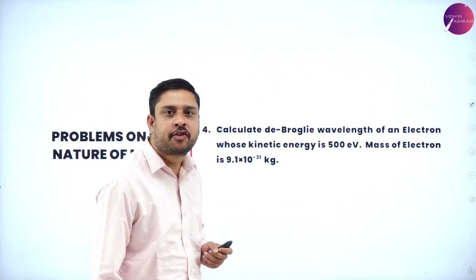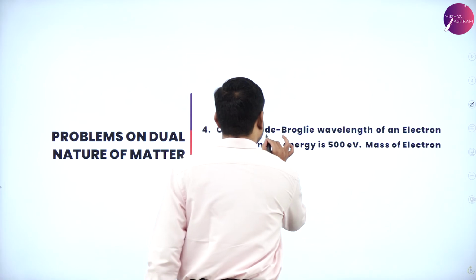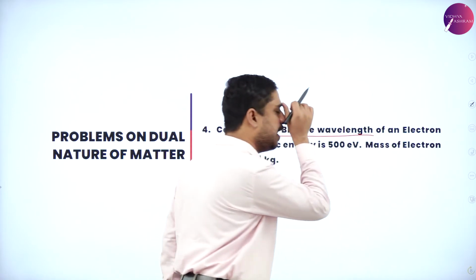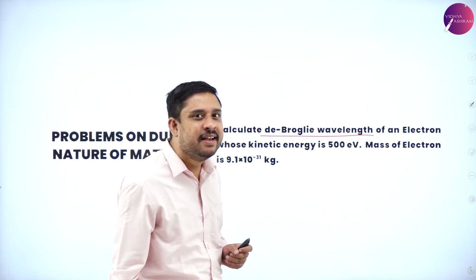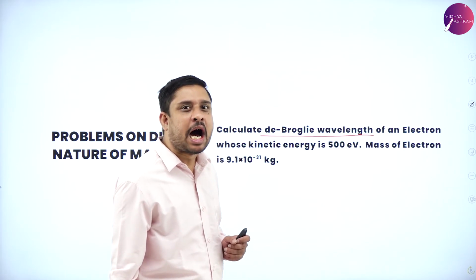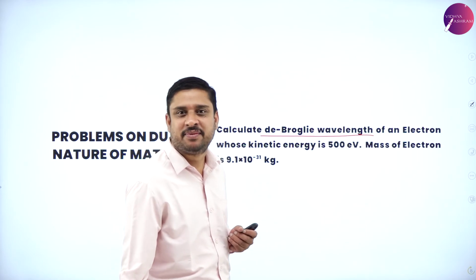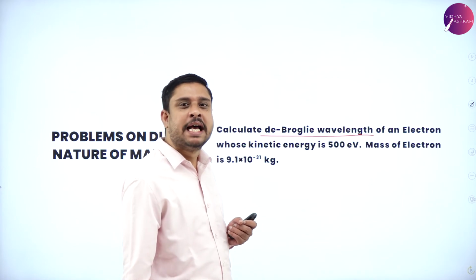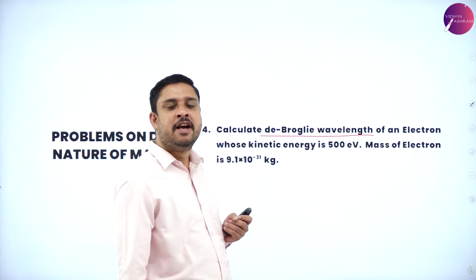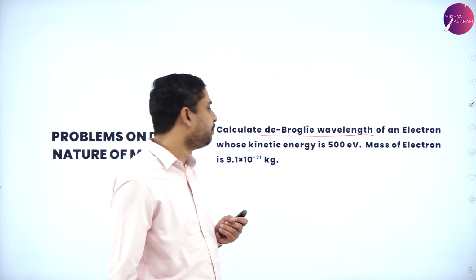Again I have to calculate the de Broglie wavelength. What is this de Broglie wavelength? Wavelength associated with a matter wave. We told it is the wavelength associated with a moving material particle.